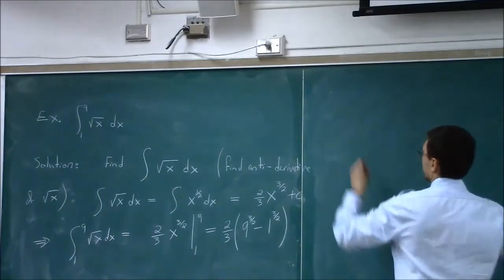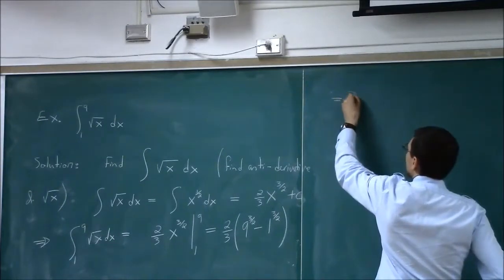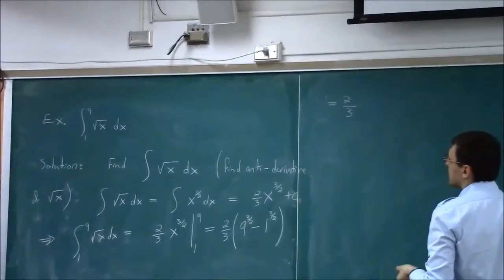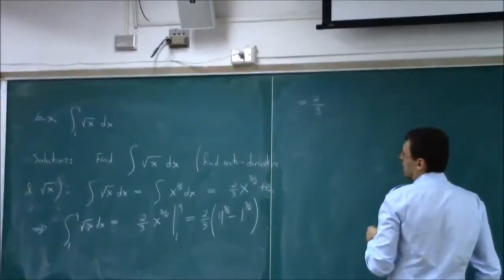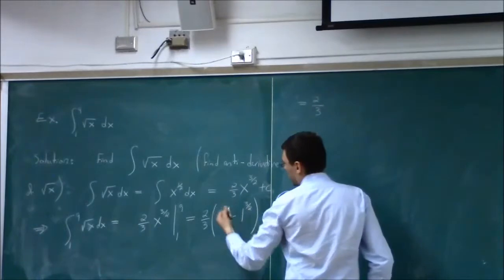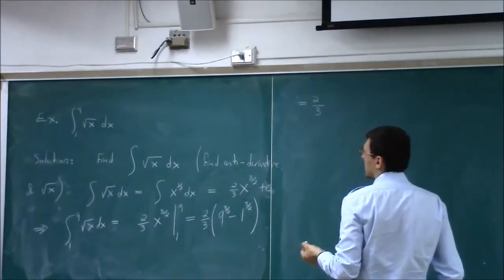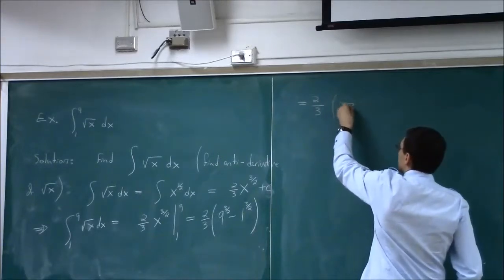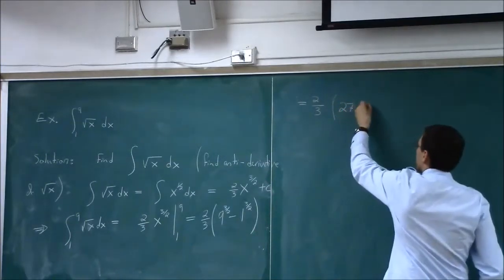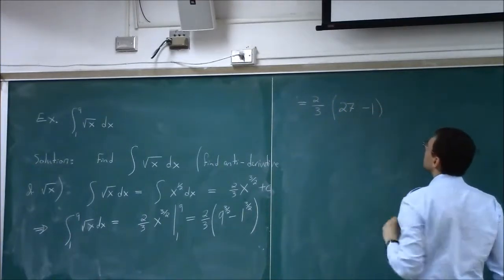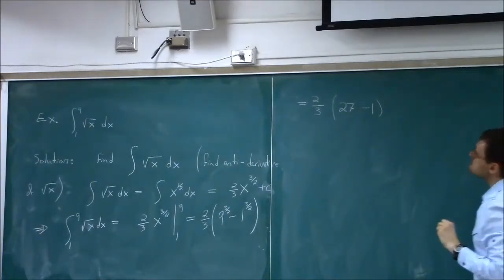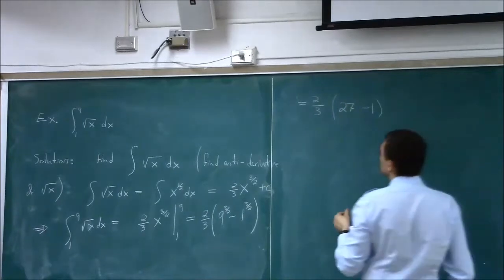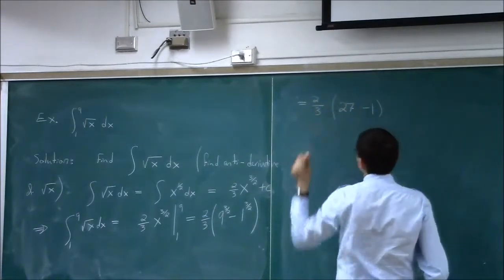Okay, so what is that? You don't really need to continue. For me, that is enough. But this is 2 times 3. This is square root of 9, which is 3. 3 cubed is 27. So this is 27 minus 1. Okay? Good? You can write it as 26, whatever. Right?